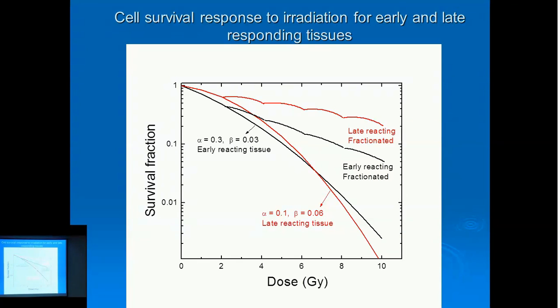But if the tumor cells are more resistant than the normal cells, then it is not possible to do a successful radiation treatment for that tumor. But in general, many normal tissues have this response, and many tumors have this response, but there are always exceptions to this rule.